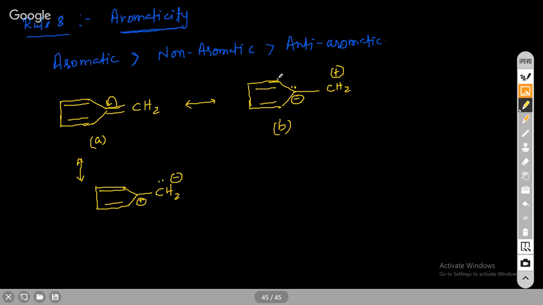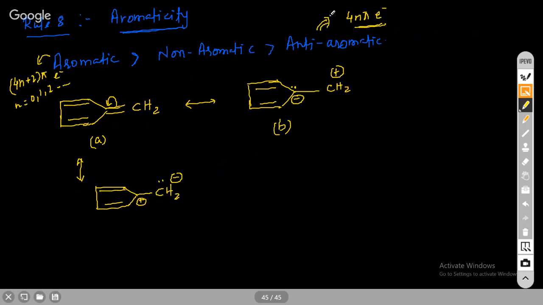Okay. Now for the aromatic compound, Huckel rule should be followed, right? 4n plus 2 pi electrons, where n can be any number, 0, 1, 2, and so on, right? Anti-aromatic must have 4n pi electrons.